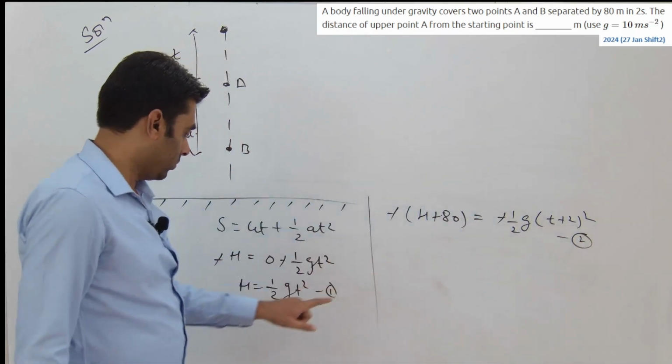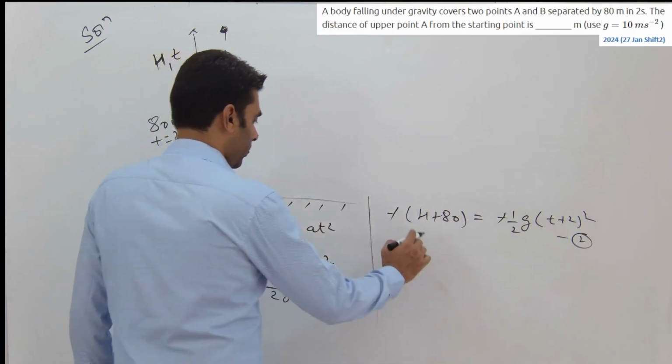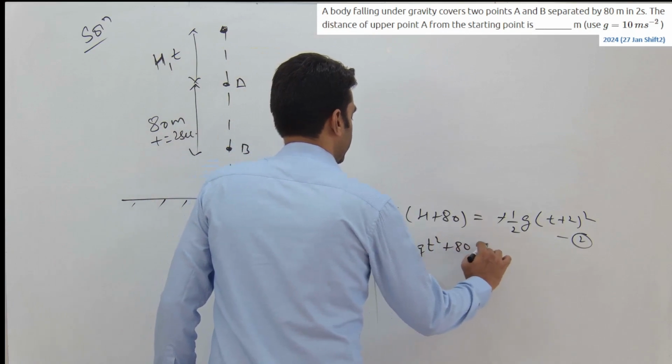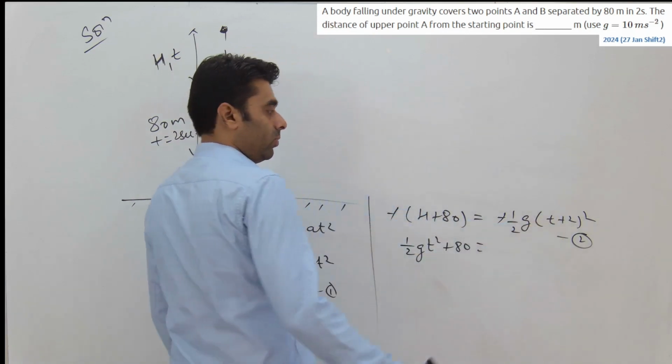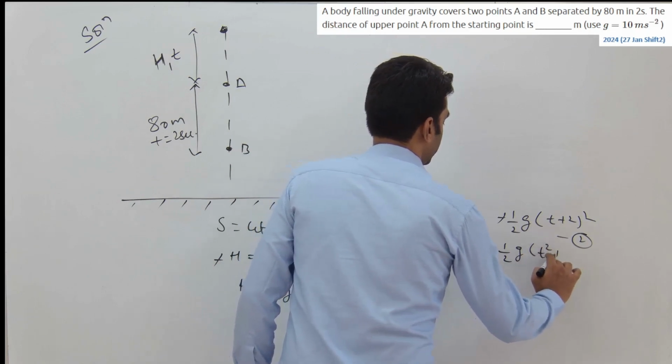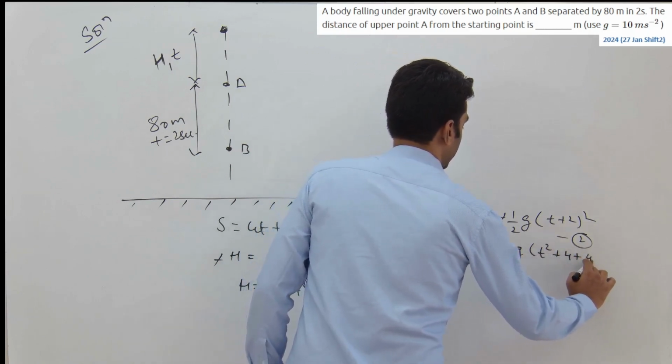Equation 1, equation 2. Let's put this h value over here. What do we get? 1 by 2 g t square plus 80 is equal to, this is a plus b whole square, let's open this bracket, 1 by 2 g t square plus 4 plus 4t.